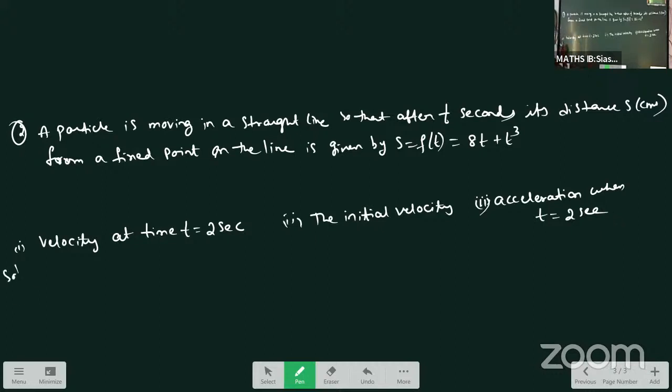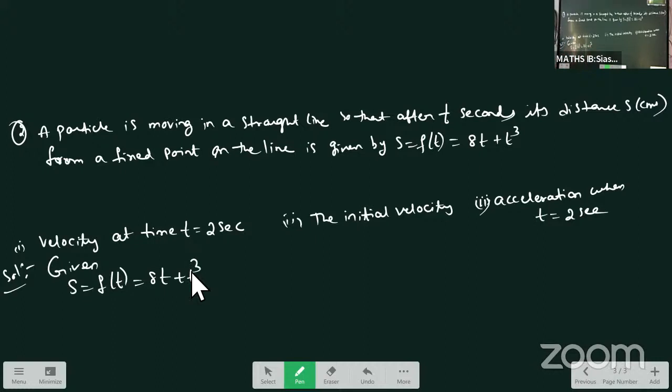Solution goes like this. First, take the given equation. What is given? S is equal to f of t is equal to 8t plus t cube. Read the question carefully.